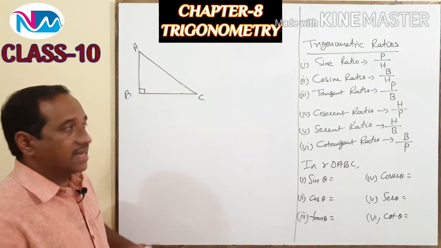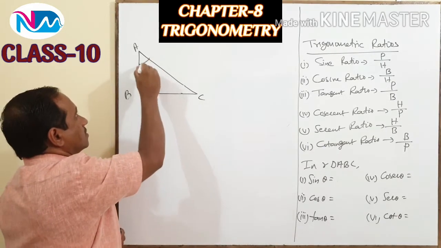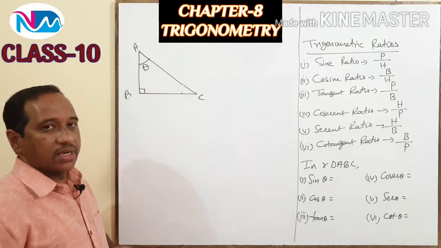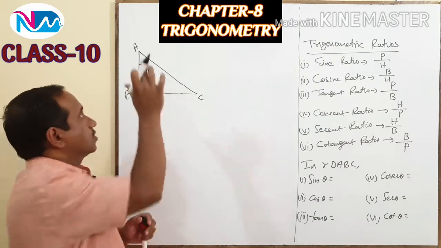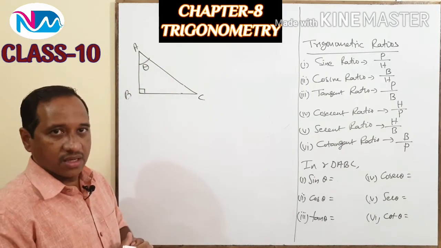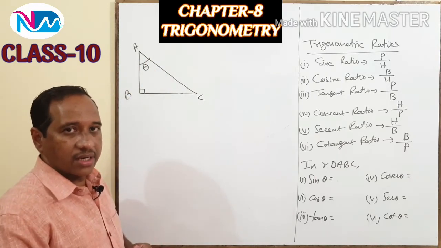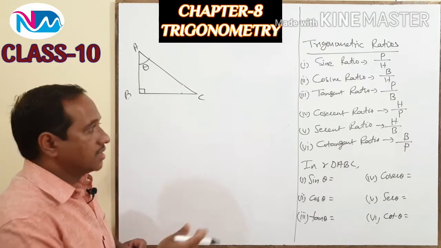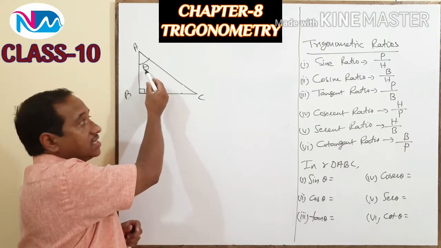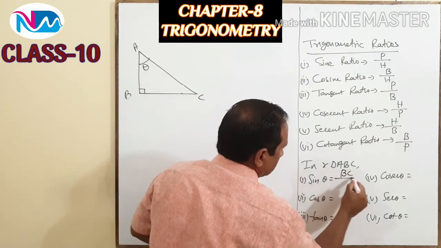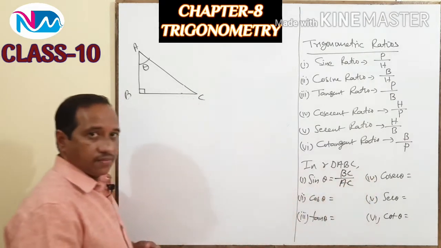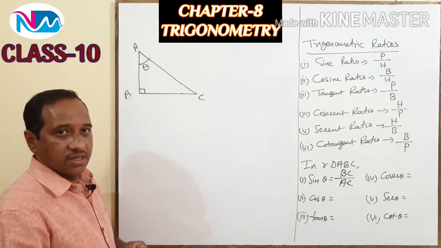Now, if I take angle A, which is also an acute angle, if theta is used to represent the acute angle A, then in right angle triangle ABC, the sine ratio will be, that is sine theta will be equal to perpendicular BC by AC, hypotenuse AC.